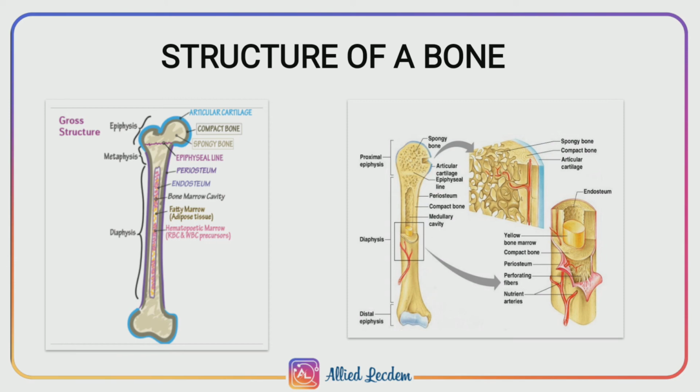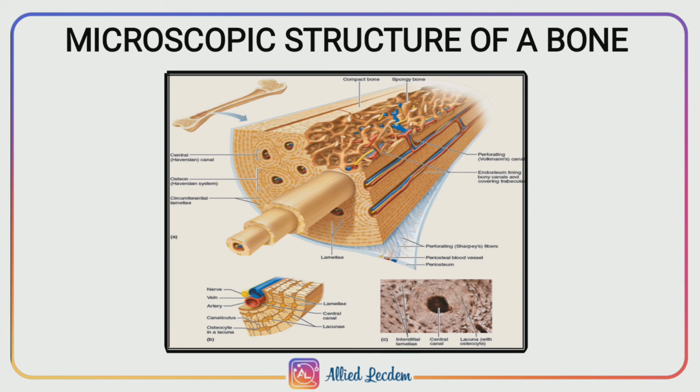Red marrow persists in the cancellous ends of long bones, that is sternum, ribs, iliac crest, vertebra, skull bone, etc. The two ends of a long bone are made up of cancellous bone covered with hyaline, that is articular cartilage. As we already know, there are four parts of a bone: epiphysis, diaphysis, metaphysis and epiphyseal plate.